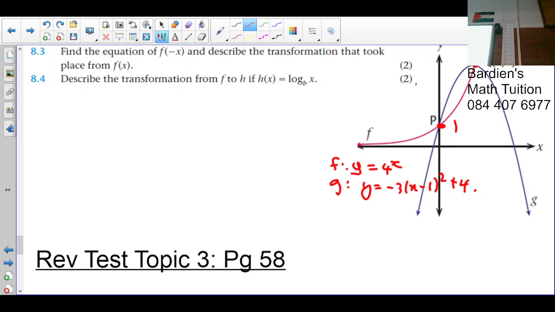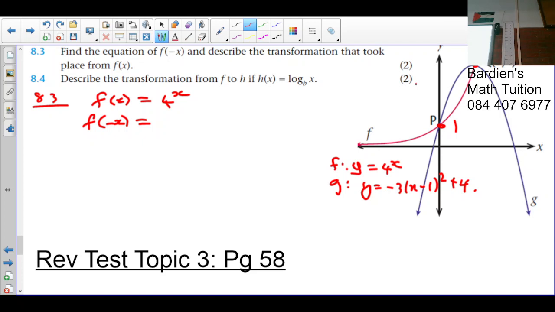So if you're looking at f of x, which is 4 to the x, f of minus x will be equal to what?